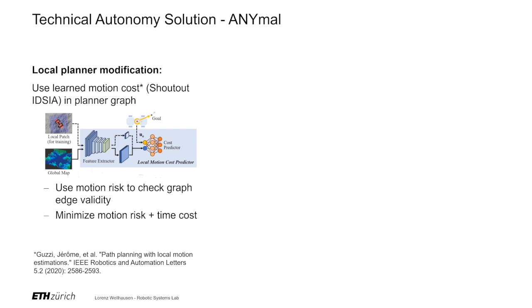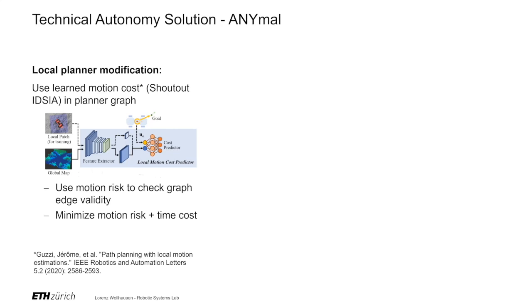You take the local terrain patch around the robot and the command that you want to give to the robot, or the motion direction. This network then outputs a risk of this motion. It outputs the time cost and the energy cost. And then we use that to restrict some of the graph edges. So instead of doing classical edge validity checking, we use this motion risk to check validity of edges.